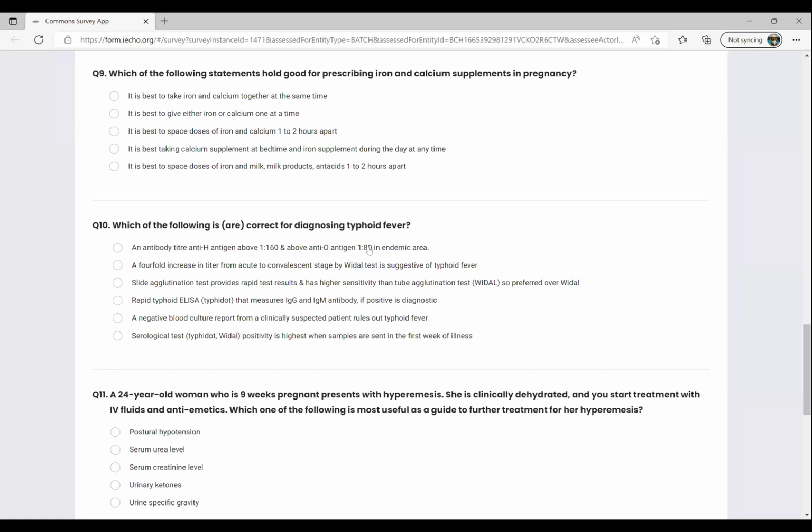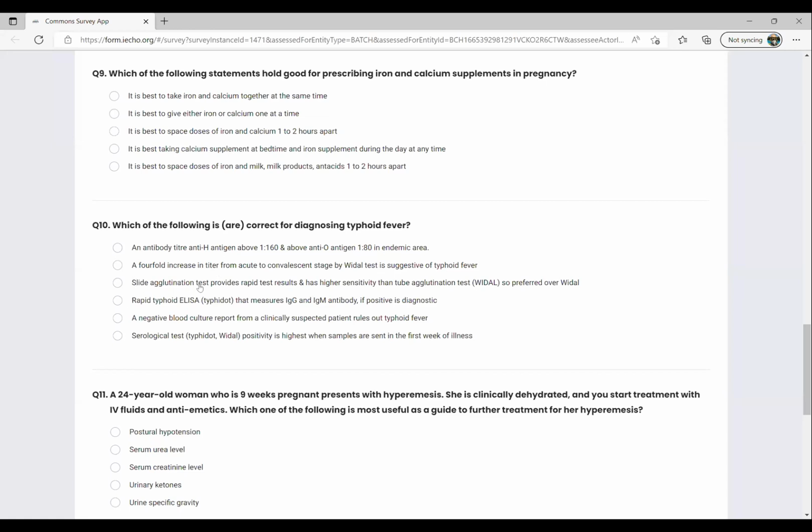But this cutoff is for those who are not living in an endemic area. If you are living in an endemic area, it has to be at least 4 times. There has to be a 4-fold increase in these titers from acute to convalescent stage by Vidal test. Then only you can say that this is typhoid.